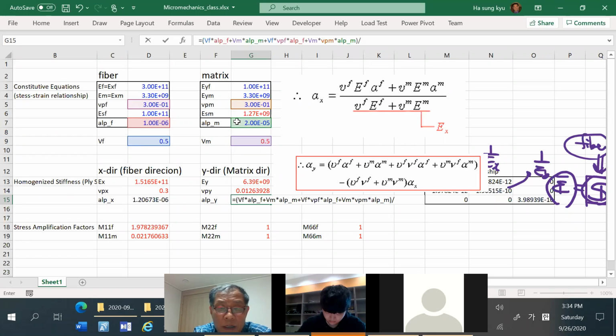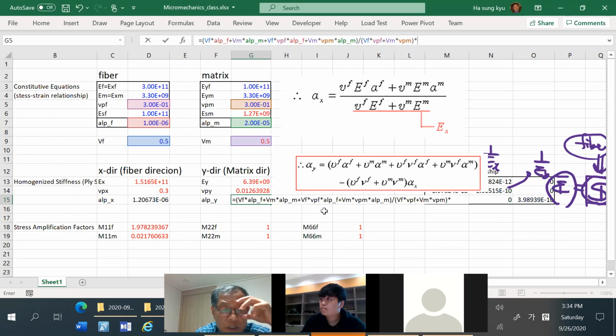and divide by volume fraction times Poisson's ratio, plus volume fraction times Poisson's ratio, times finally alpha x.